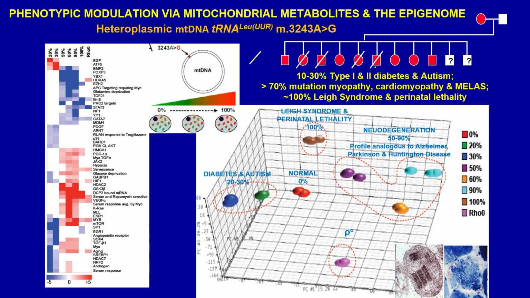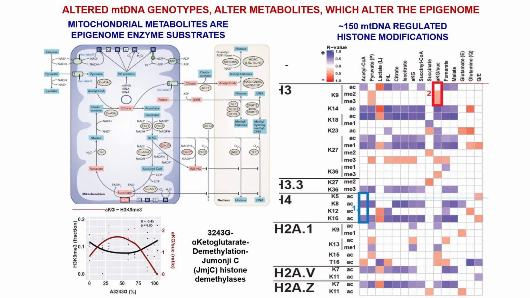So the mitochondria regulates the epigenome, and it does that by the mitochondrial DNA changing the electron transport chain, which changes the NADH to NAD ratio, and as you just heard, that will change the TCA cycle, and all the TCA cycle intermediates are the intermediates to drive the epigenome. So what we found is 150 epigenomic changes that determine the nuclear gene regulation based on the mitochondrial genotype. So a small change in mitochondrial function could have a huge effect on gene expression and therefore the phenotype.